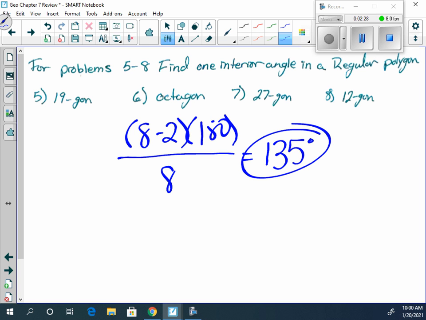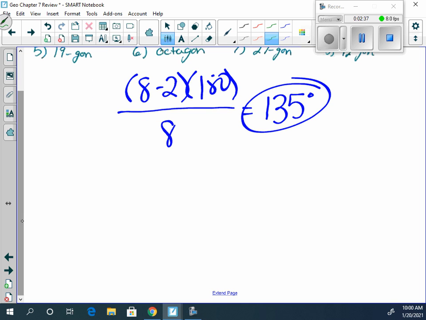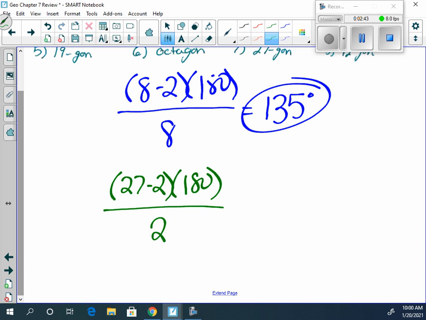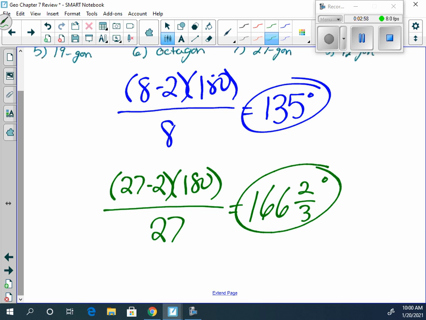Now, will this give us a decimal answer? Well, yes. We can get decimal answers because number 7, if we do this here, so 27 minus 2 times 180 divided by 27, will actually give us 166 and 2/3 degrees.